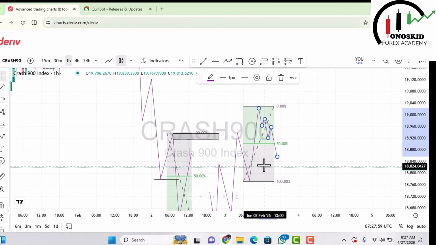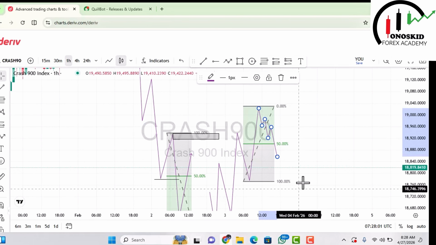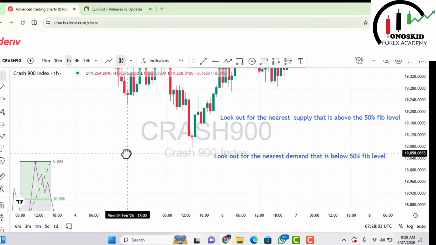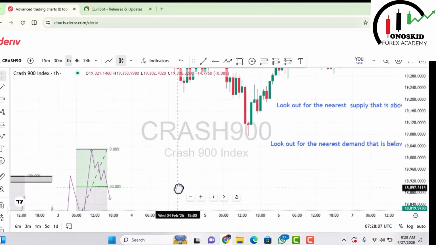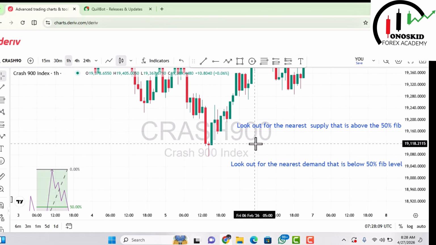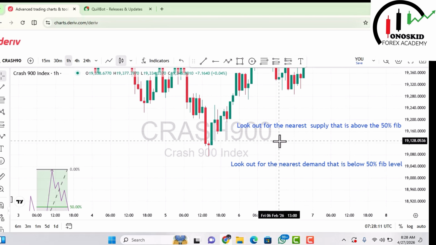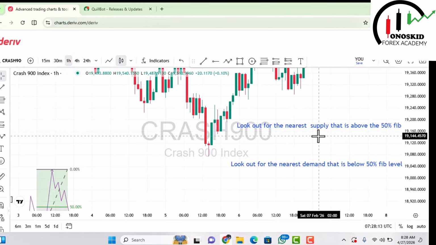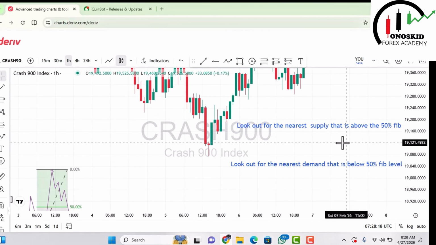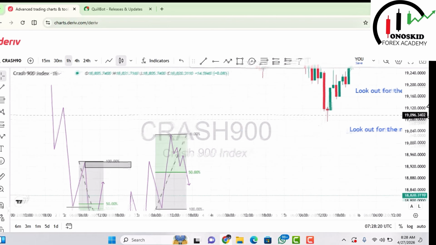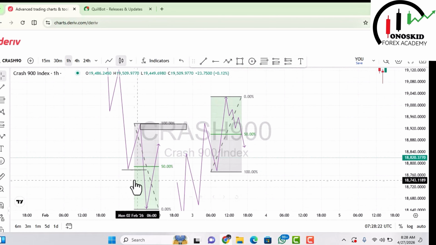Now let's look at an example of some of the explanations that I have given to you so far. This is what the statement means, what I have explained to you. For a supply, or for a bearish market, you look out for a supply that is above the 50% Fibonacci retracement level after a break of structure. Now, where is the break of structure?